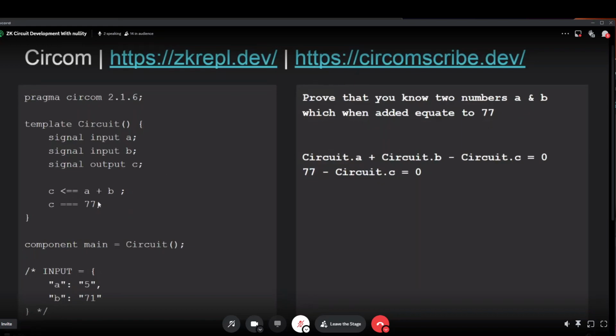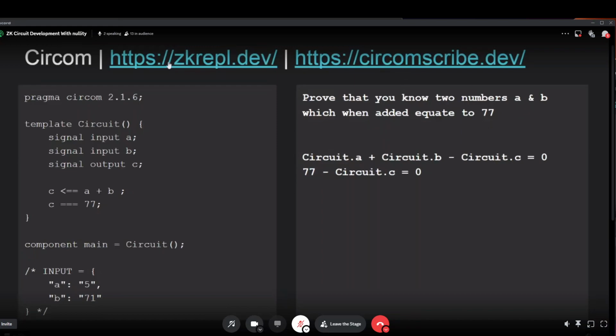So if you just feed this circuit in Circumscribe, it's going to give you this exact output. It says that circuit.A, which means the input of circuit A plus the input of circuit B minus the input of circuit C has to be 0. So that is how it creates constraints and polynomials.